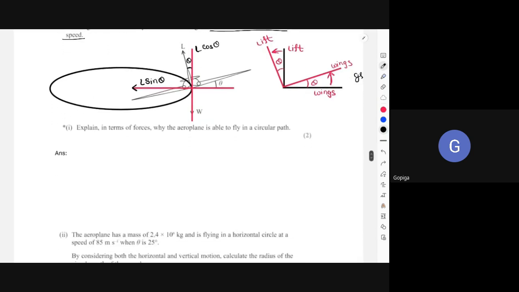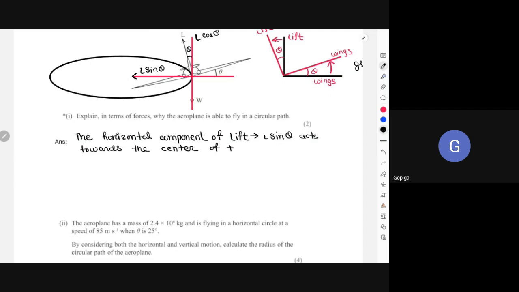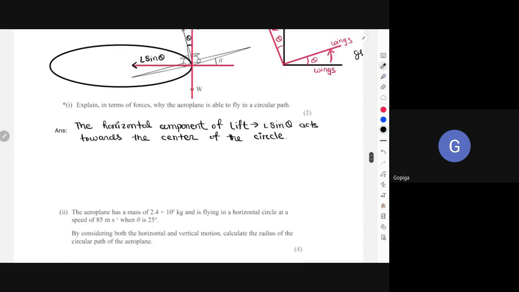So your answer over here is going to be: the horizontal component of lift, which was L sine theta, acts towards the center of the circle, providing enough centripetal force.